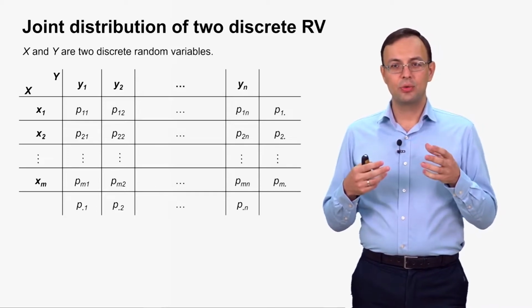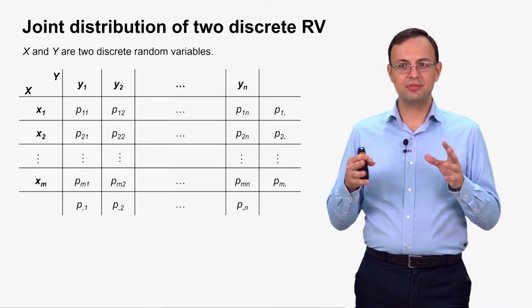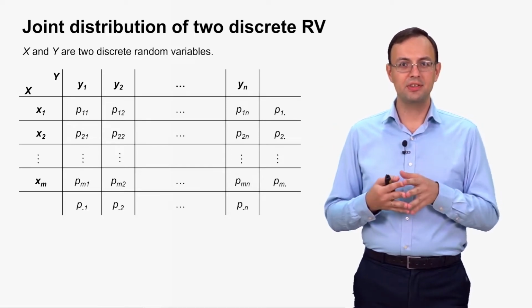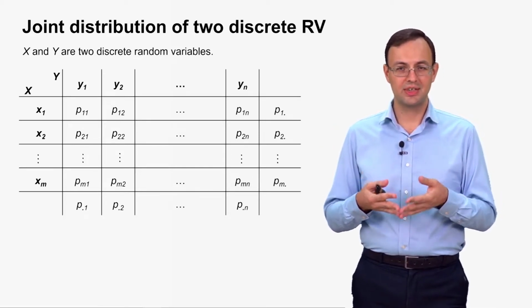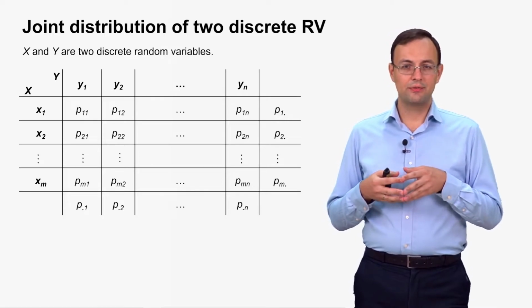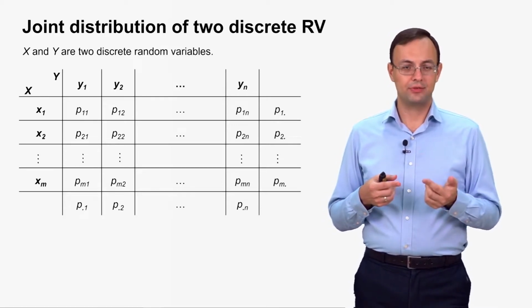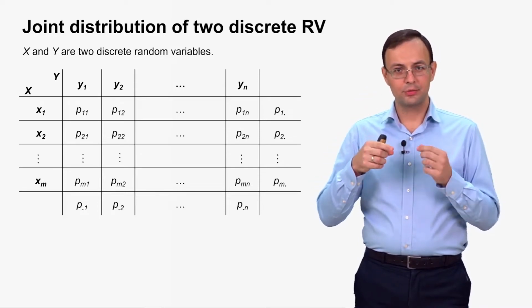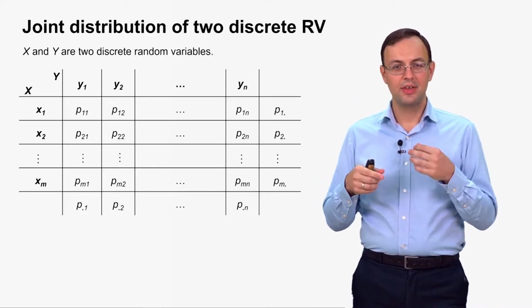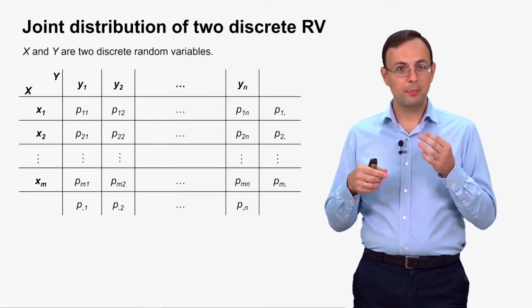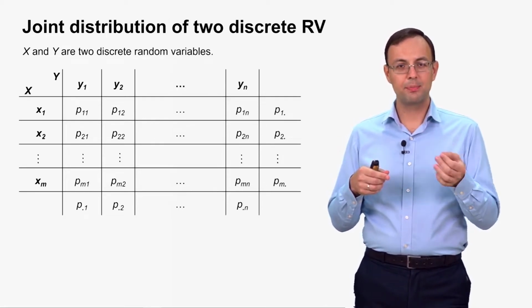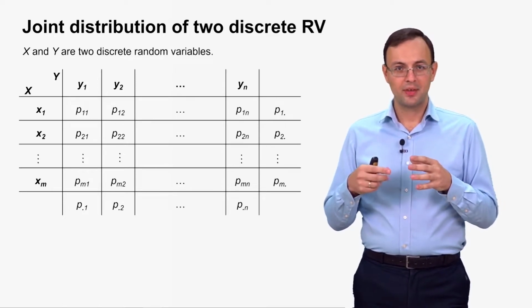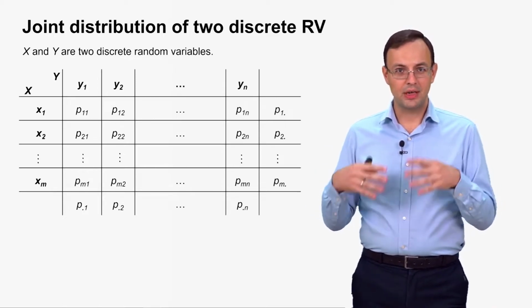And so the joint distribution of these two random variables can be described with a table you see now, and for each pair of values xi, yj, this table gives us the probability that this pair of values will be observed in our experiment.